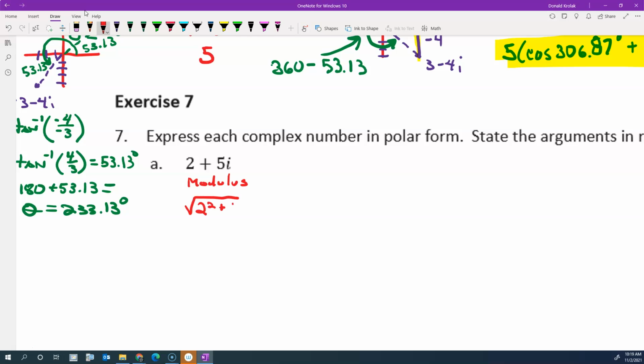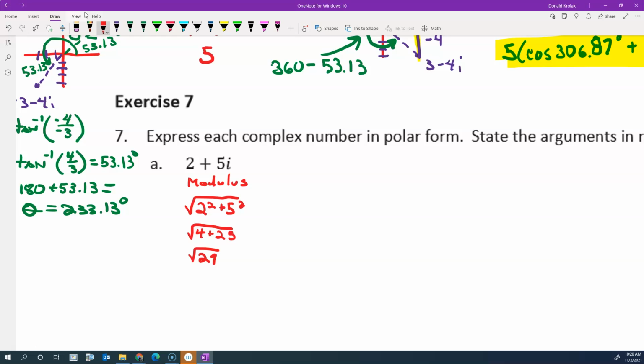Two squared plus 5 squared. And we just leave it as root 29. You don't write it as a decimal.